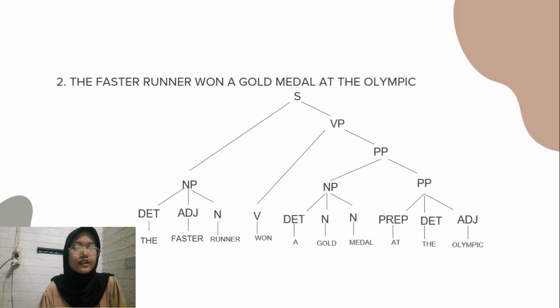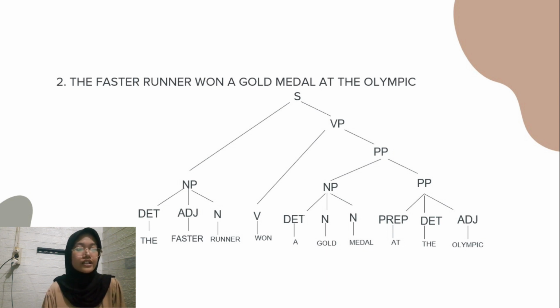Number 2. The faster runner won a gold medal at the Olympic. So the sentence is divided into two: noun phrase and verb phrase. The noun phrase is divided into three: the as determiner, faster as adjective, runner as noun. And the verb phrase is divided into two: won as verb, and prepositional phrase divided into two: noun phrase and prepositional phrase.